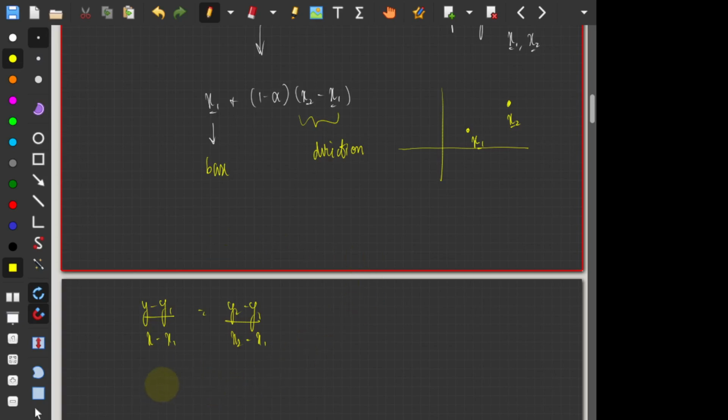Effectively what I want is a formula for (x, y), the vector, any point along the line.